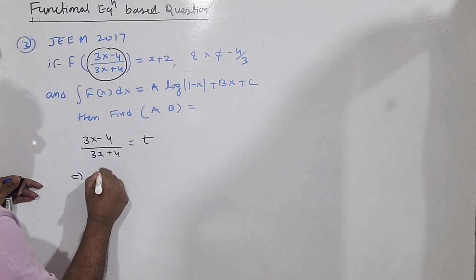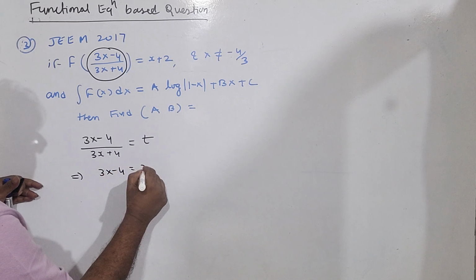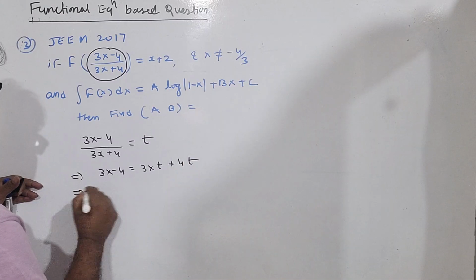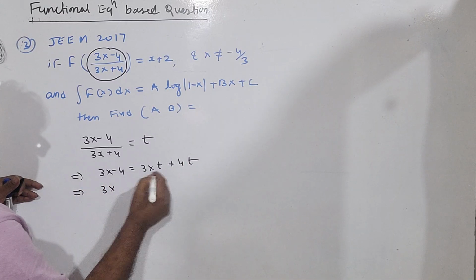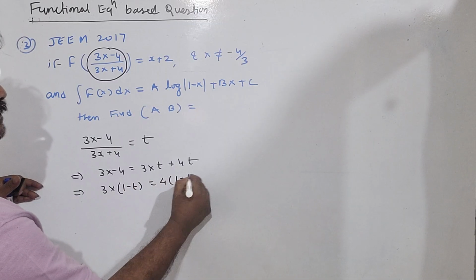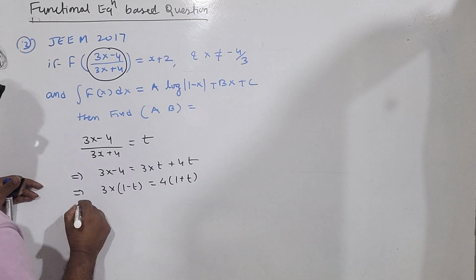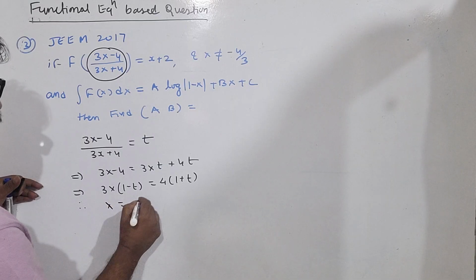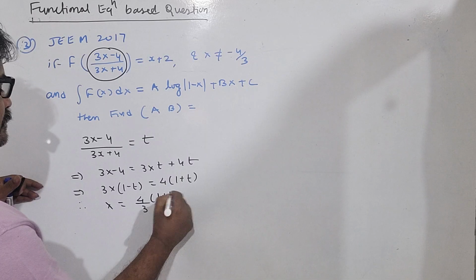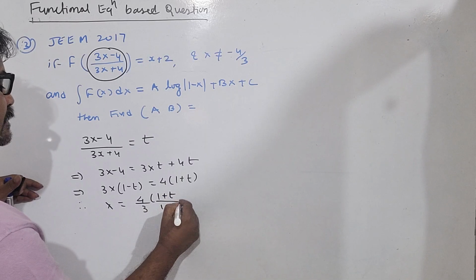This will give 3x minus 4 equal to 3x into t plus 4t. So this is 3x into (1 minus t), and this is 4 into (1 plus t). Simplification, so therefore x equal to 4 by 3, correct, (1 plus t) divided by (1 minus t).